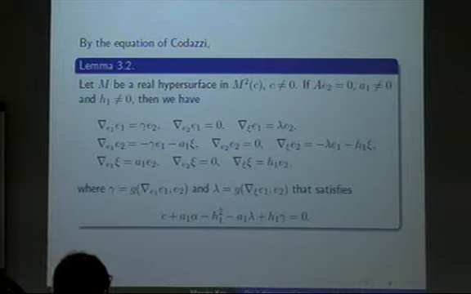Then we have these equations. And this gamma and lambda satisfy the following equation. We can prove these equations using the equation of Codazzi by straightforward computation.